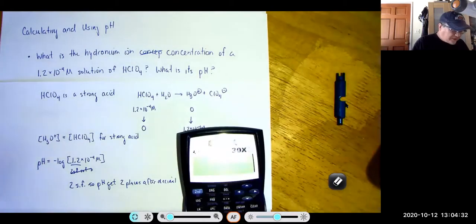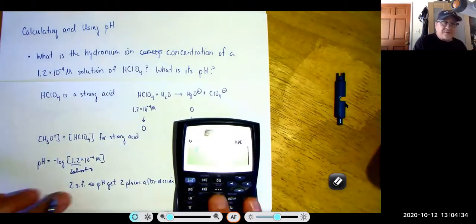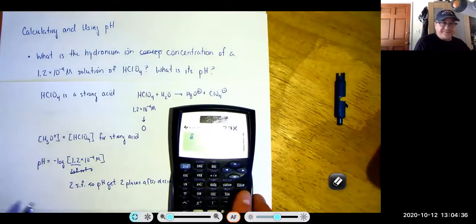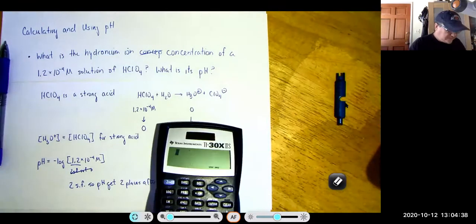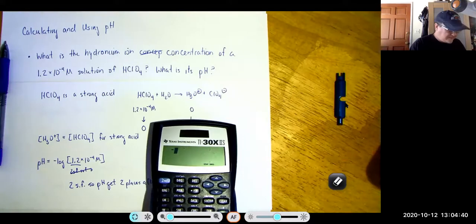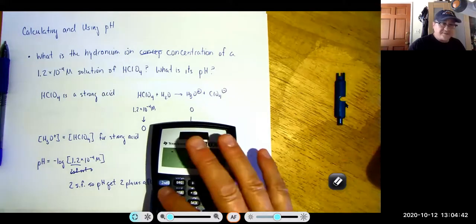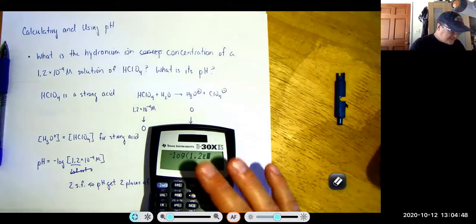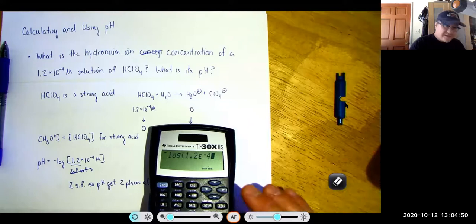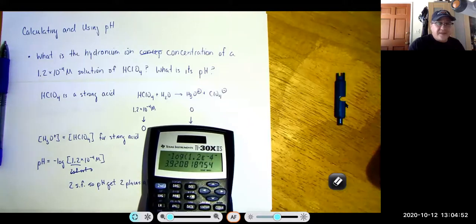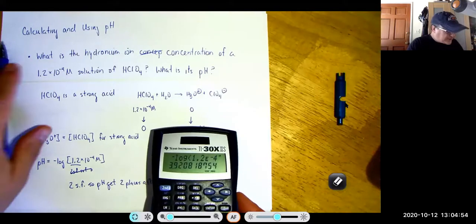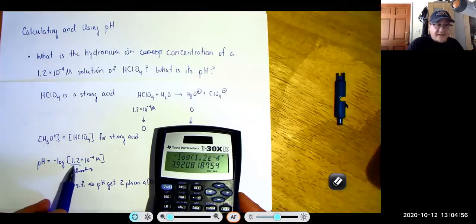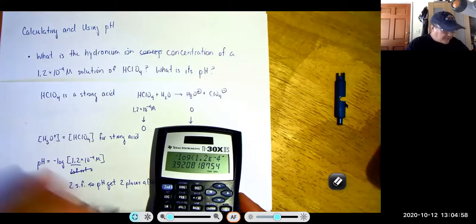All right, so here on this calculator, what you're going to press is negative log 1.2 second EE negative 4, and then enter. And here, since this has 2 significant figures, I get 2 places after the decimal, so we get 3.92.